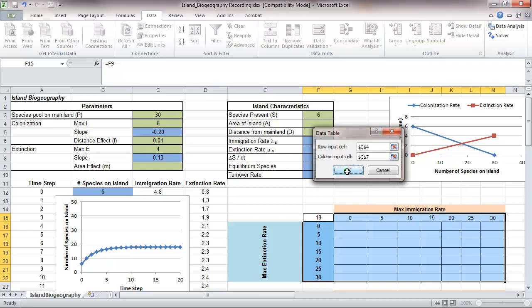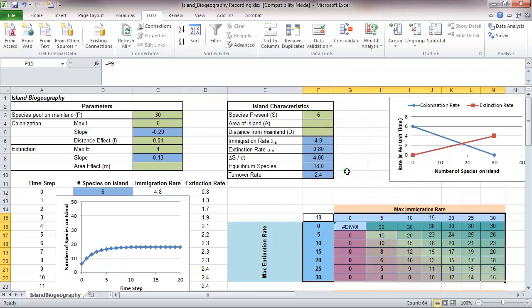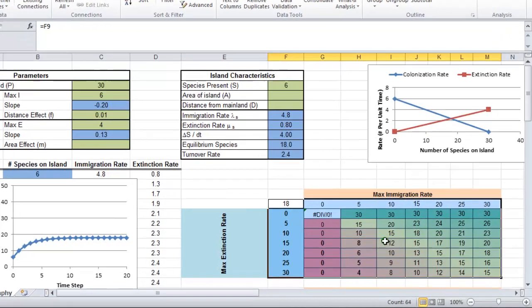And if we press OK, the data table will be filled in, and we'll be able to look at the equilibrium number of species under these different conditions. So this data table is a wonderful tool for helping you to see how different combinations of these inputs would affect the equilibrium rate in one nice image.